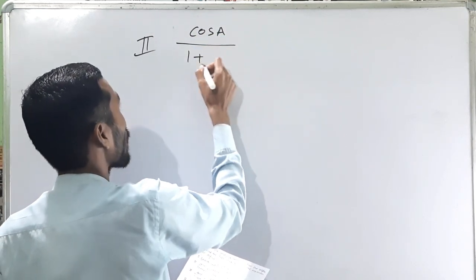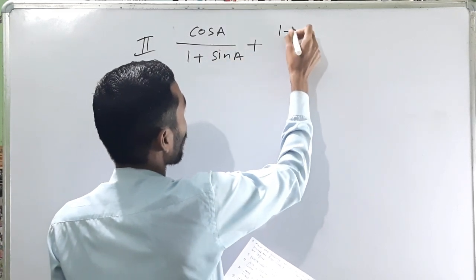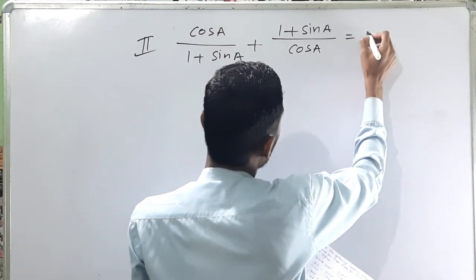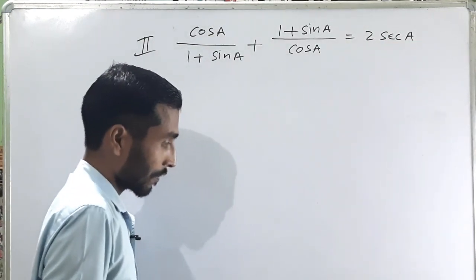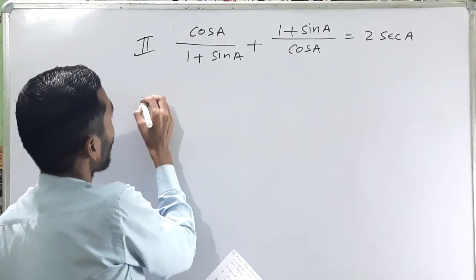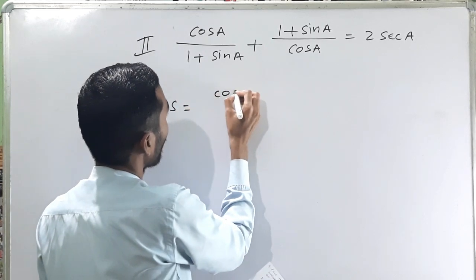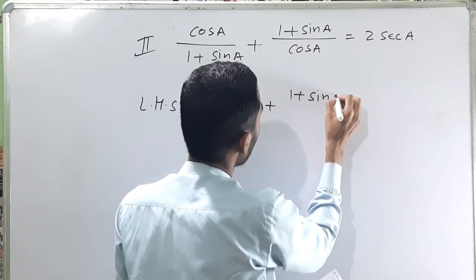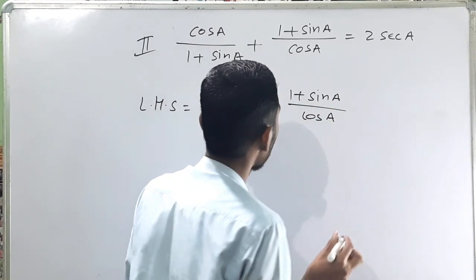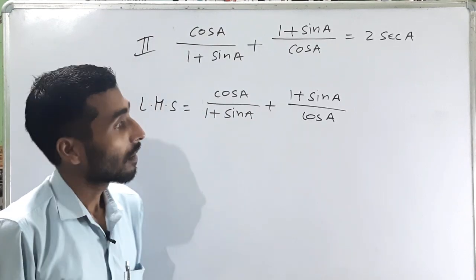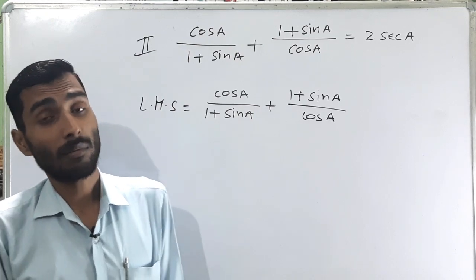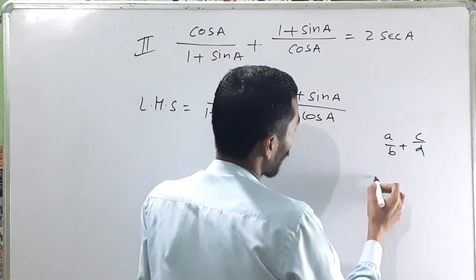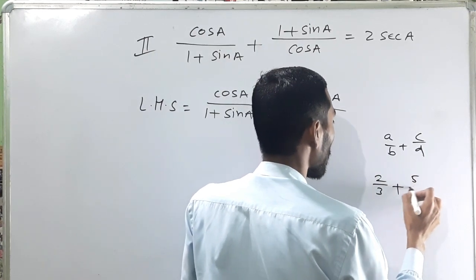Cos A by 1 plus sin A, 1 plus sin A by cos A. So here we can write, you have done in the real number chapter, or basically in class 6 or 7, the sum of algebraic fractions, like a by b plus c by d, or we can say 2 by 3 plus 5 by 7.